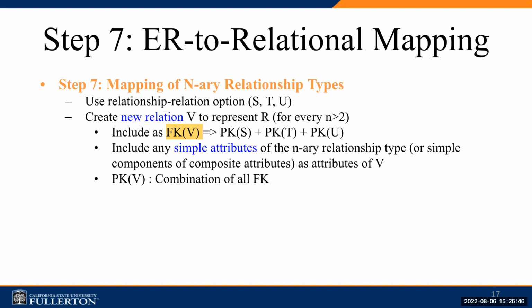For example, if it was a ternary relationship between entities S, T, and U, then the primary keys of the three entities would become the foreign key of the new table. And you would include any simple attributes. And finally, the primary key of this new relation would be the combination of all the foreign keys.